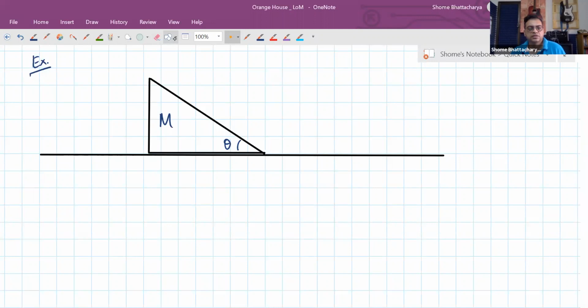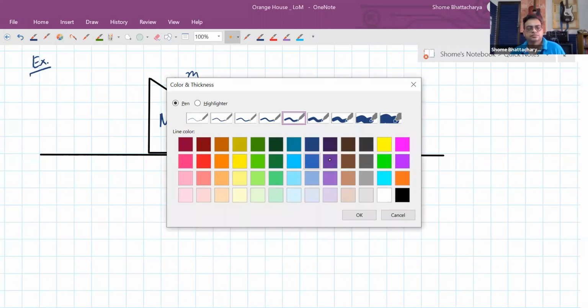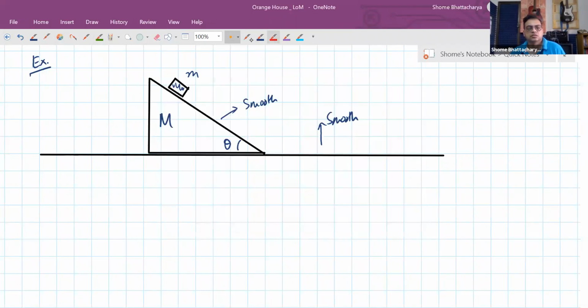Now on this wedge, we have another block like this which is placed, which is of mass small m, and this is a smooth surface, this is also a smooth surface, and now what we are doing is we are pushing this system with an external agent pushing it horizontally like this with a force F.